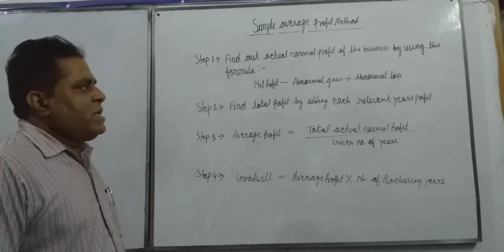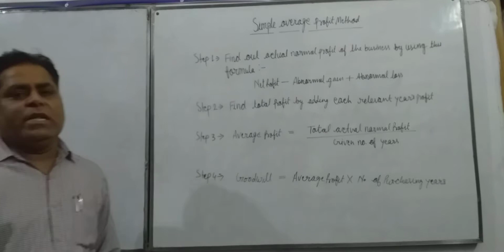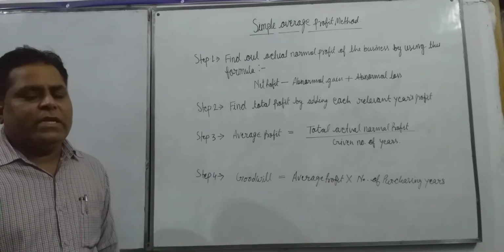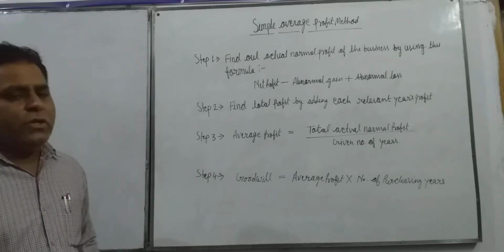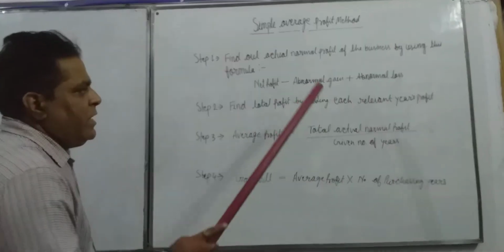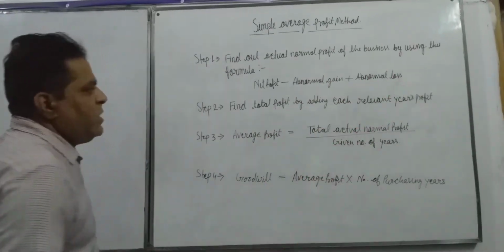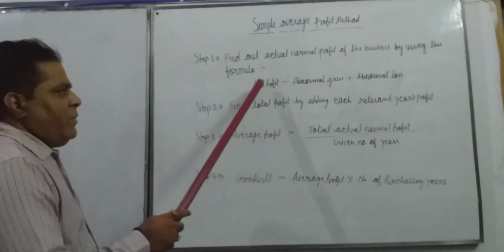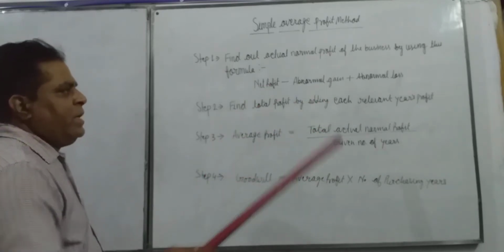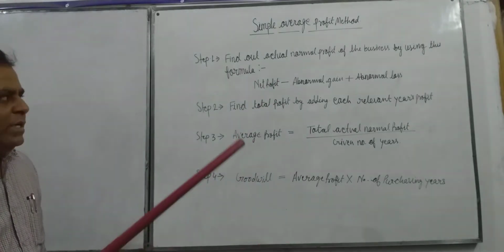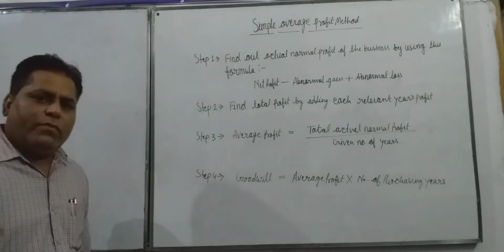We always consider recurring profit and recurring loss, and we always ignore non-recurring items. These two items, abnormal gain and abnormal loss, are of non-recurring nature. That's why the abnormal gain, which is already added in the net profit, is deducted, and the abnormal loss, which is already deducted from the profit, is added back to determine the actual normal profit of the business.